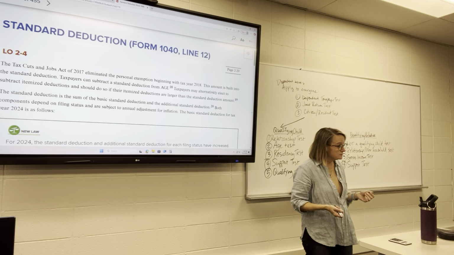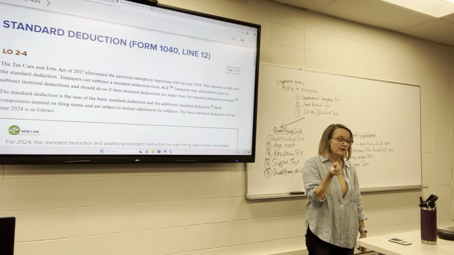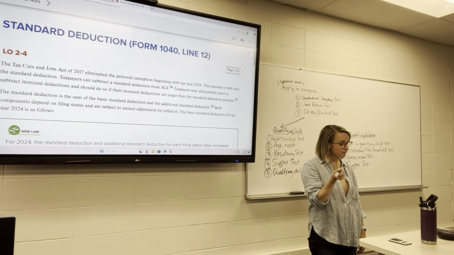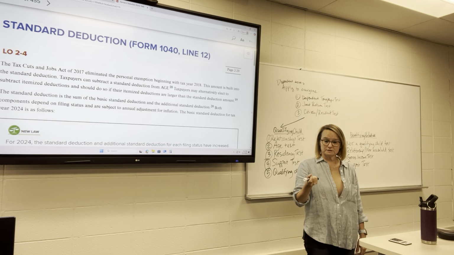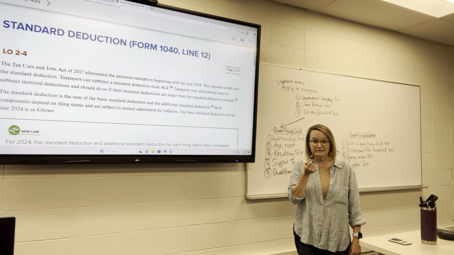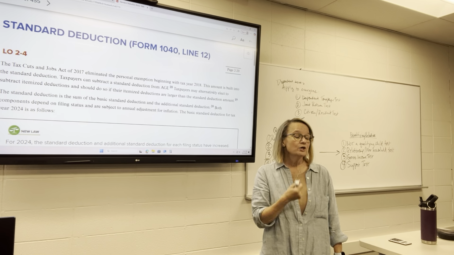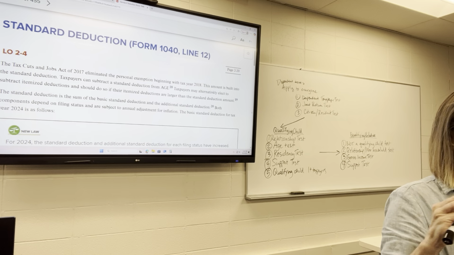You get a choice. So you can take the standard deduction, so that just that set amount of money subtracted from your total income that's based on your filing status. Standard deduction is based on filing status. You can take that, or you can take itemized deductions. There are different categories of itemized deductions.